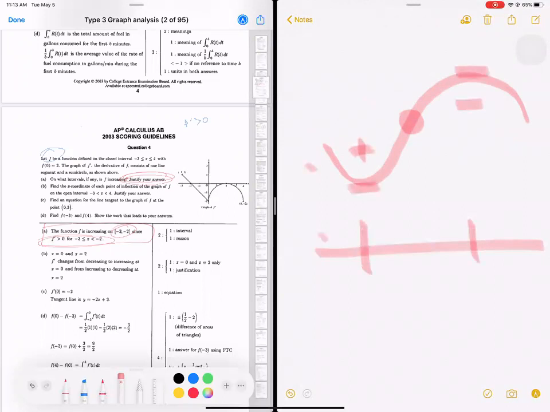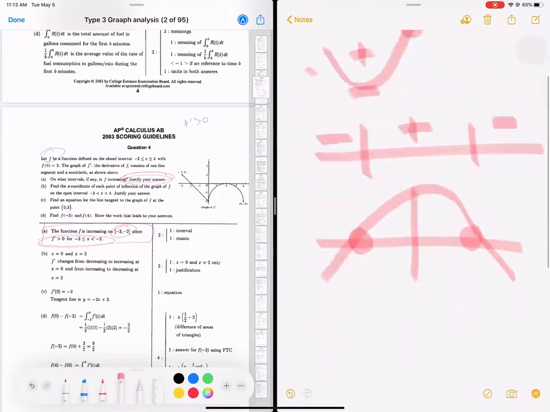So this is a negative slope, a positive slope, and then a negative slope. Our slope goes from negative to positive.